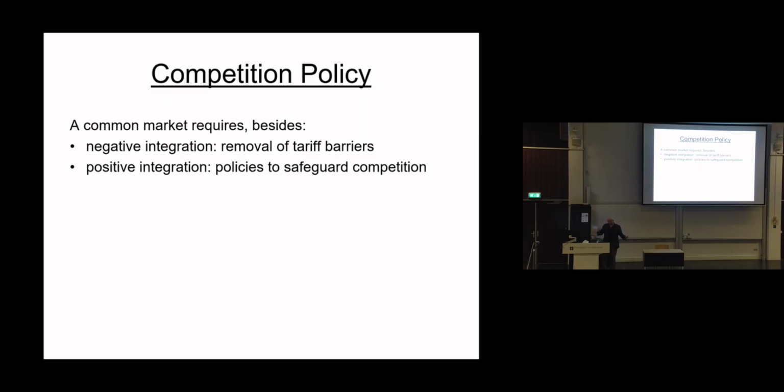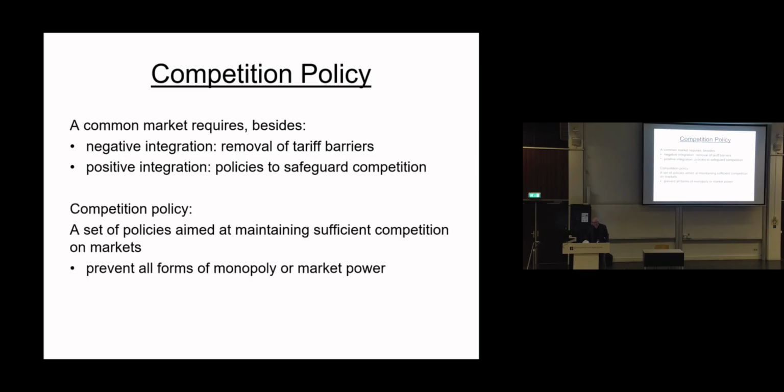We can see a long history in the European Union of removing these trade barriers, but a common market also requires what is called in the literature positive integration, meaning building institutions, for example, to safeguard competition and the cooperation of member states in the Union.